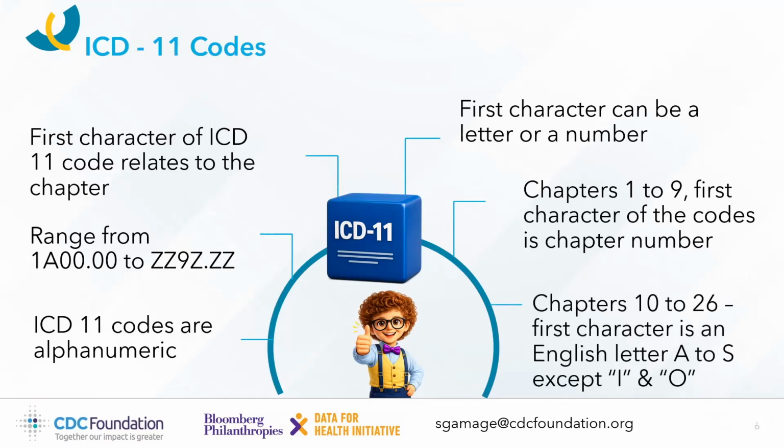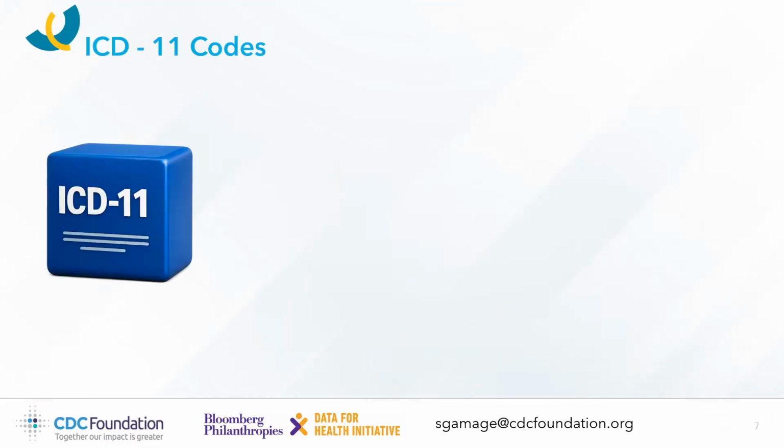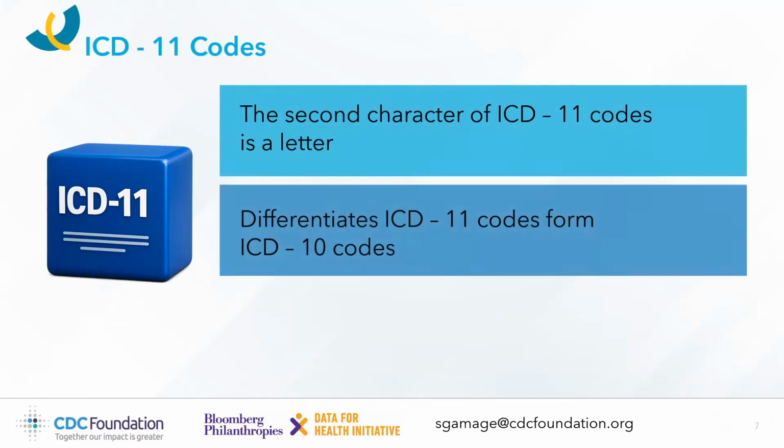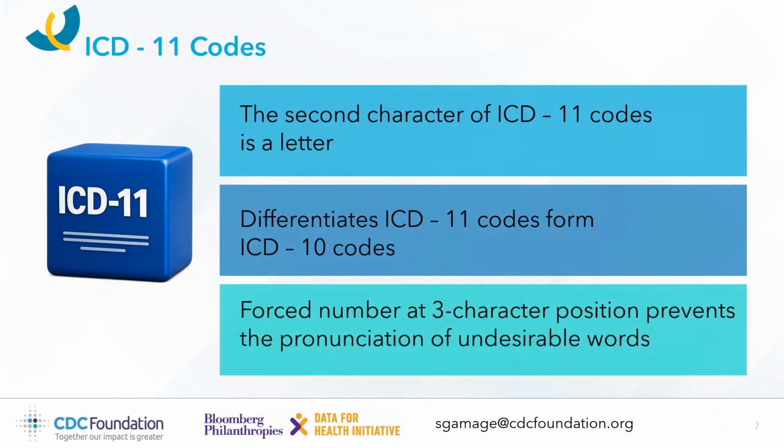For chapters 10 to 26, the first character is an English letter A to S, except I and O. Talking more about ICD-11 codes, the second character of ICD-11 codes is a letter. And this differentiates ICD-11 codes from ICD-10 codes. There is also a number at the third character position, preventing the pronunciation of undesirable words.